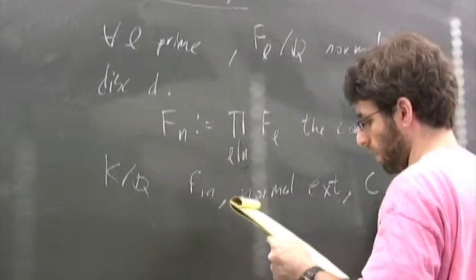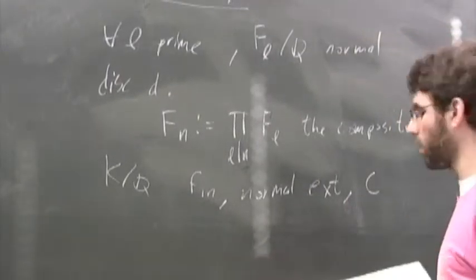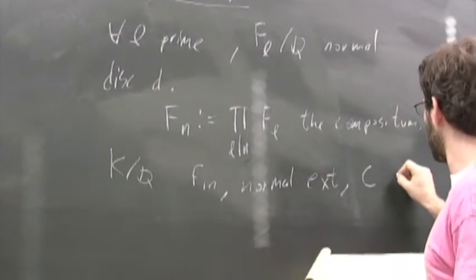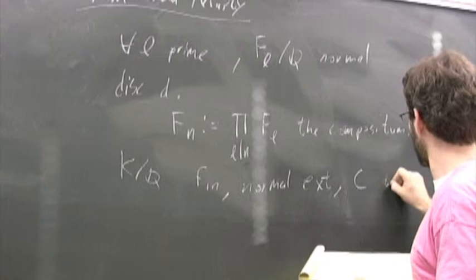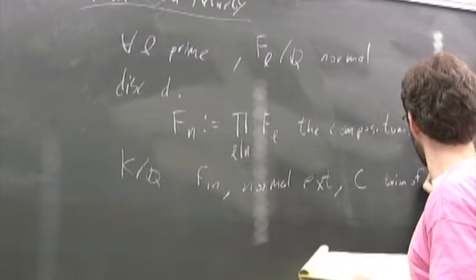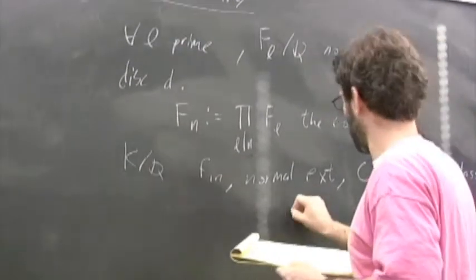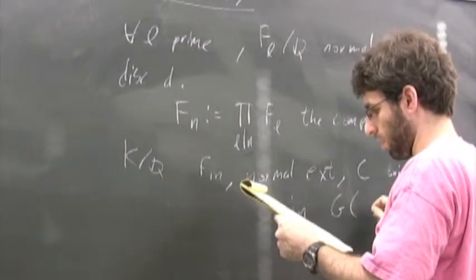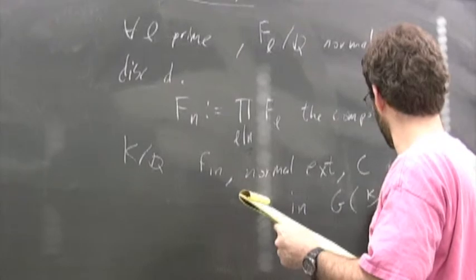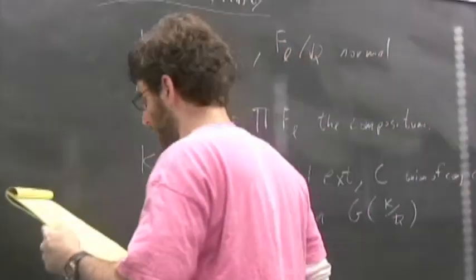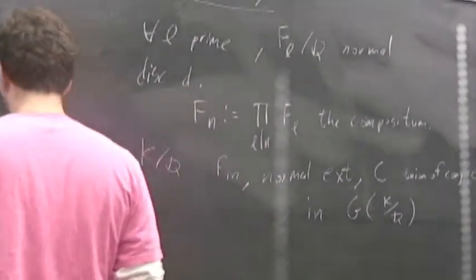And C is a union of conjugacy classes. All right, almost there.